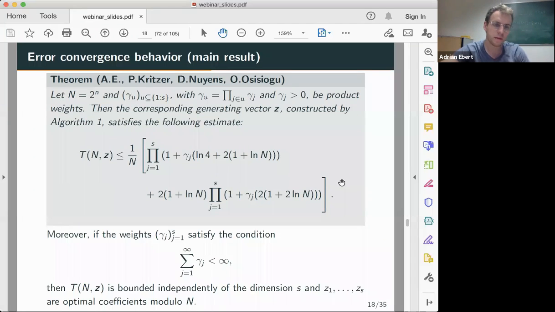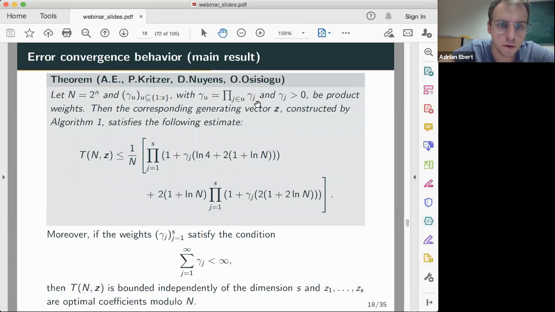Additionally, and I forgot to mention, in this case we make a slight restriction. We don't allow these very general weights, but in our case, these weights, gamma U, are actually product weights. Product weights mean that they are the product over all j in the subset U of gamma j, and the gamma j are just reals.